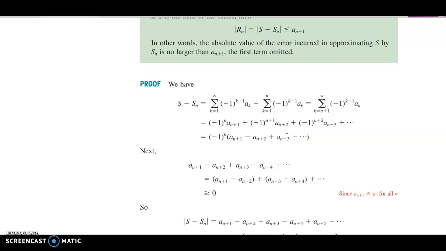By combining the first two terms, and the third and fourth terms, etc., we can say that an plus 1 is less than or equal to an for all n, from the assumption. So an plus 1 minus an plus 2 is always greater than 0. Each pair of terms is greater than or equal to 0.